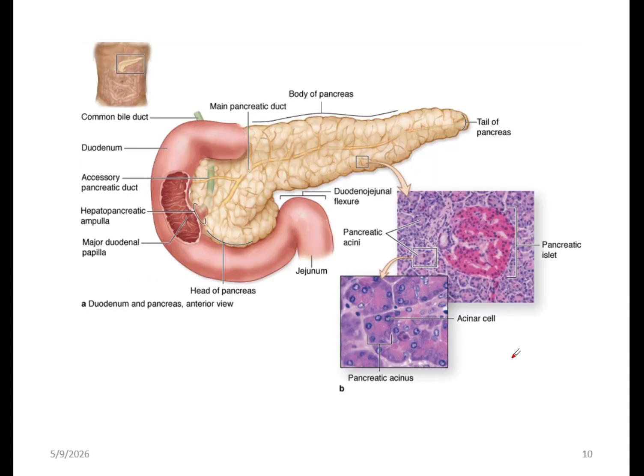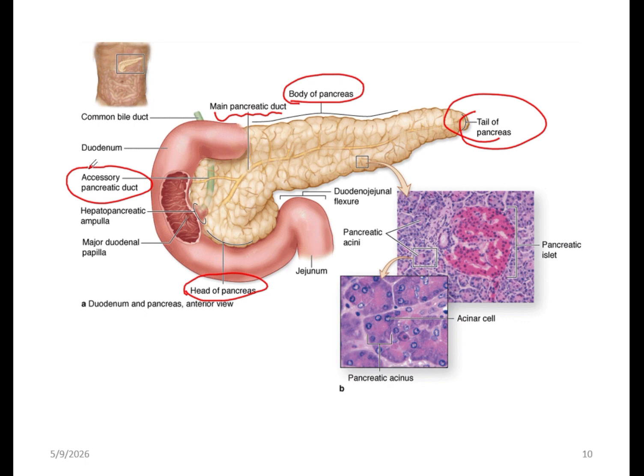So you can see here, this is the pancreas. This is the head of the pancreas, this is the body of the pancreas, and this part is known as the tail of the pancreas. In the pancreas, this mid central part is known as the main pancreatic duct, and the secondary one is known as the accessory pancreatic duct.